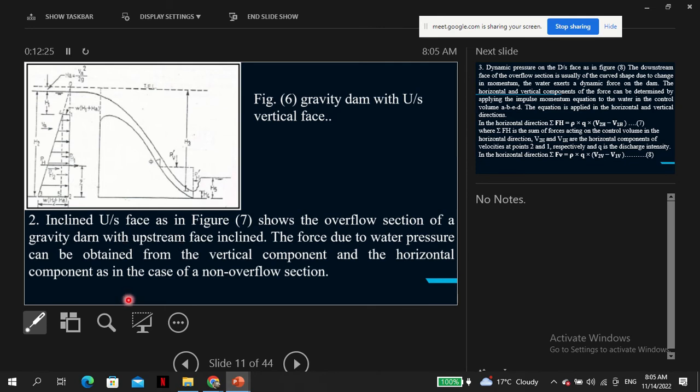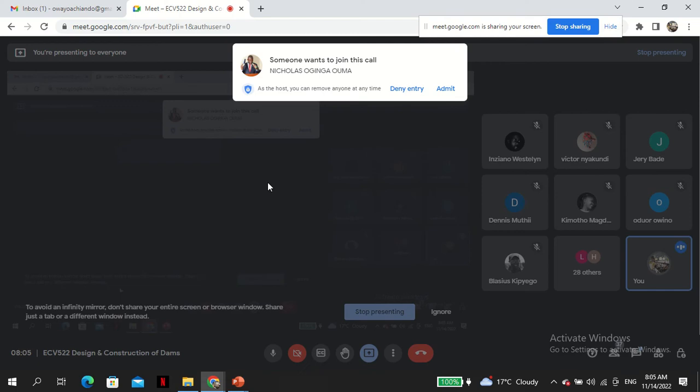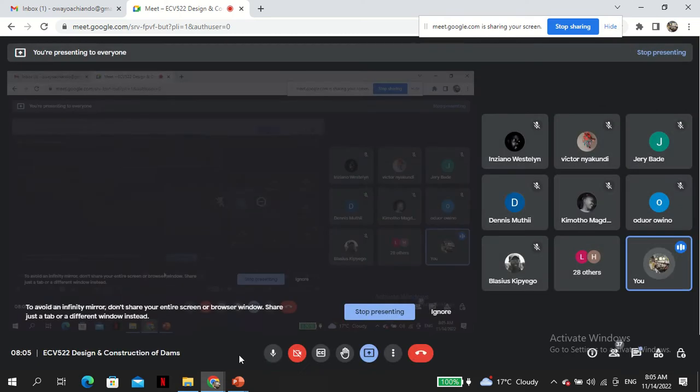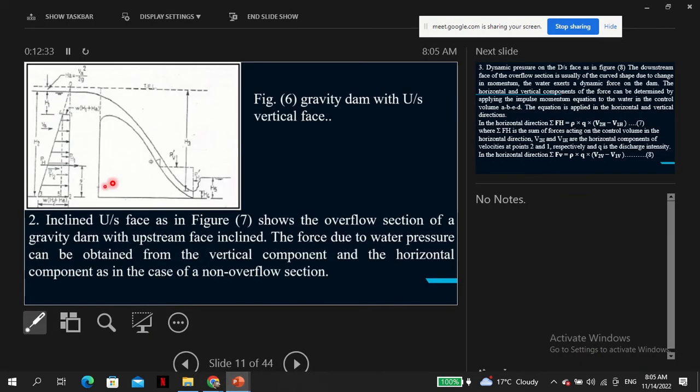Inclined upstream face is as shown in the figure. The previous one is vertical, but the face can also be inclined, as shown in figure 7. Figure 7 shows the overflow section of a gravity dam with upstream face inclined.